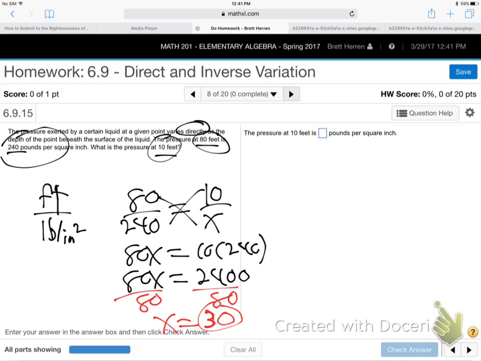Good? Just two equal fractions, just like last time. What are the key words you're looking for? Varies directly, and three numbers. There's definitely going to be one like that on the test.